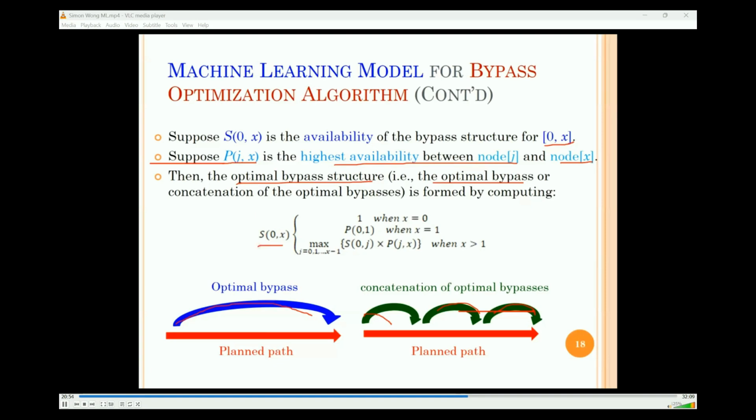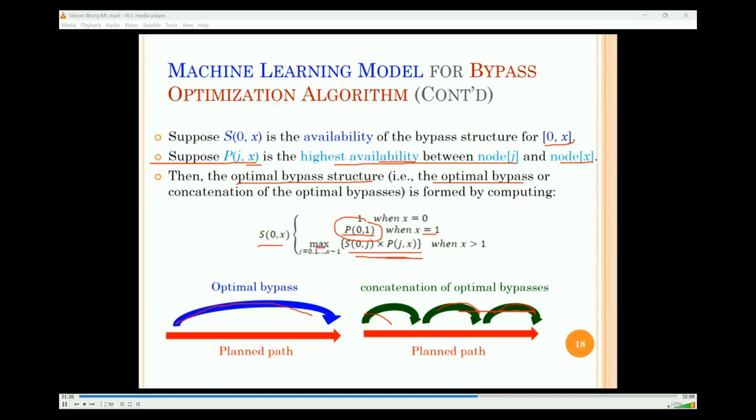When x is 1, it equals the highest availability between node 0 and node 1, because there is only one. While if there are many possible bypasses between node 0 and node x, if x is larger than 1, we need to find the maximum in this case.